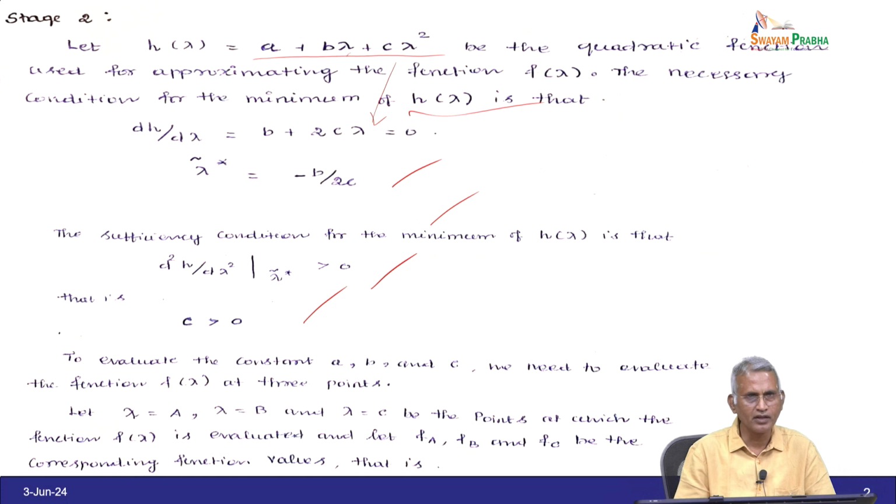To evaluate the constants a, b and c, we need to evaluate the function f of lambda at 3 points. Let lambda equal to A, lambda equal to B and lambda equal to C be the points at which the function f of lambda is evaluated, and let f of A, f of B, f of C be the corresponding function values.